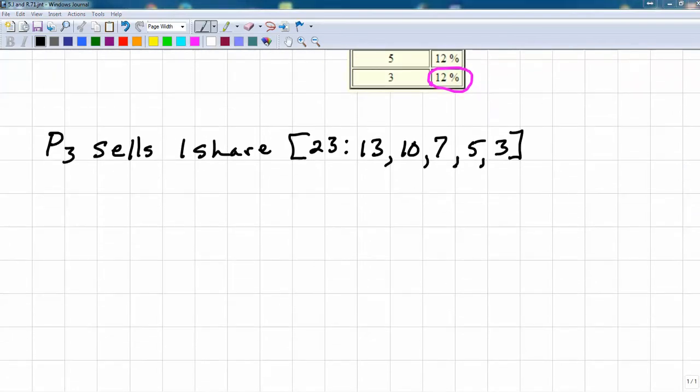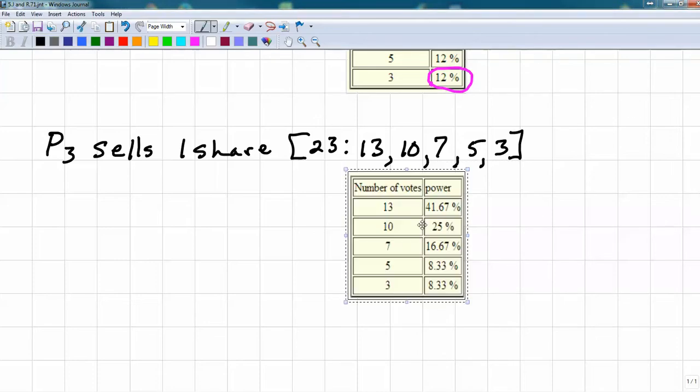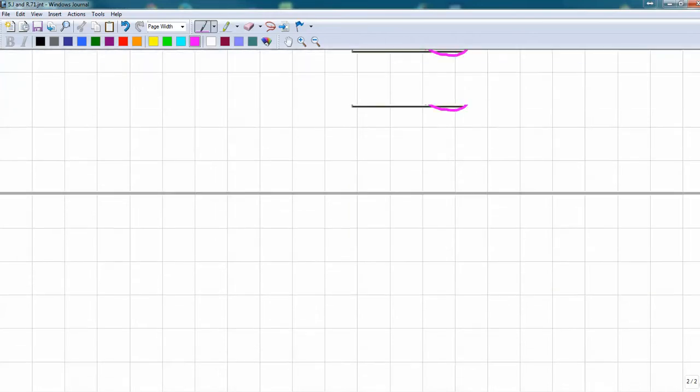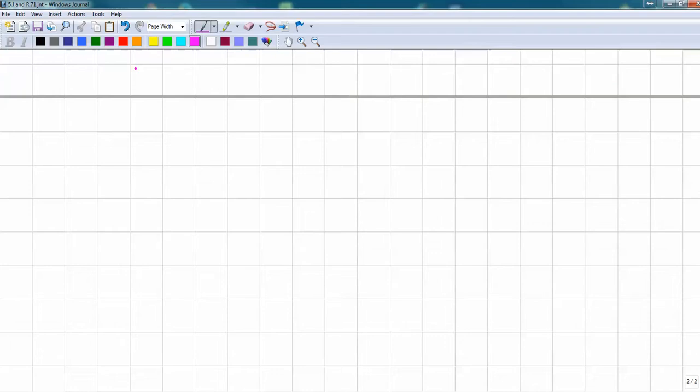And we'll see now that P sub 5's power, or percentage, has dropped again. It is back down to 8.33%. We have one more alternative coalition that we need to speak about. And that's going to be when P sub 4 sells one share.